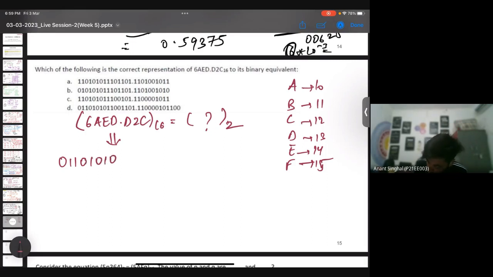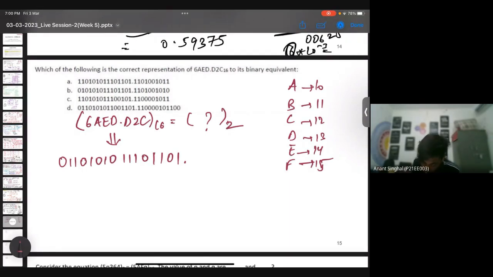Then E is 14, which is 1110. Then D is nothing but 13, which is 8 plus 4 plus 1, so 1101. So this is the binary equivalent of the number given on the right side.